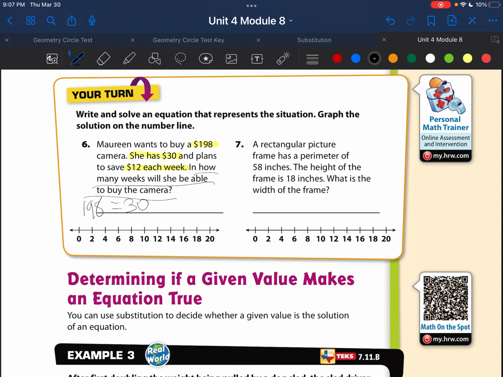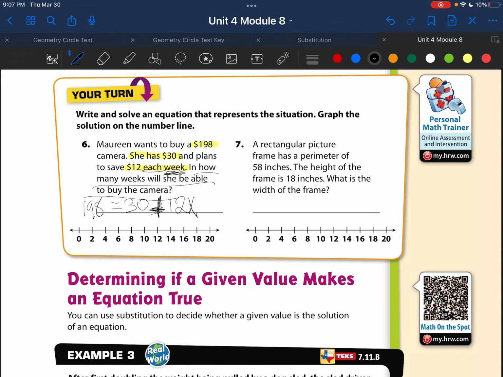Now, how much money does she already have? She already has $30. And we need to know how much money she needs to add to that $30. That's where I'm getting positive from. How much money is she going to save? It says $12 each week. How many weeks? I don't know.